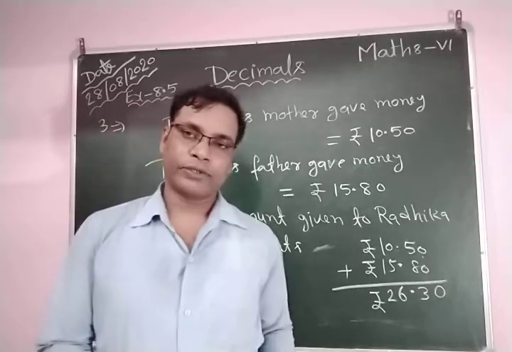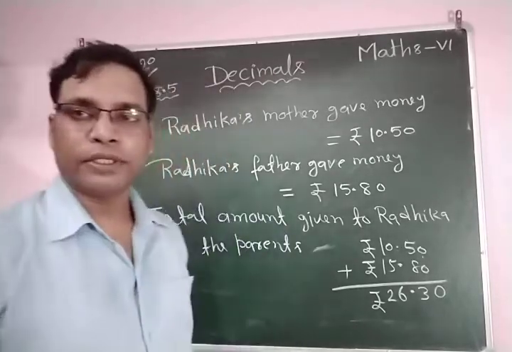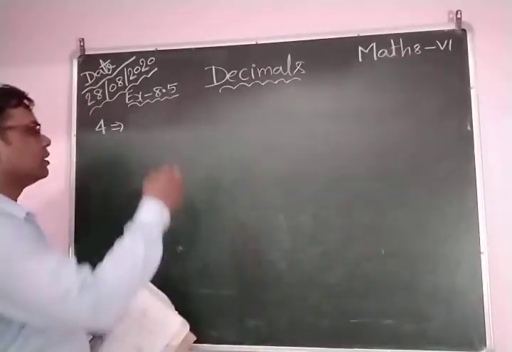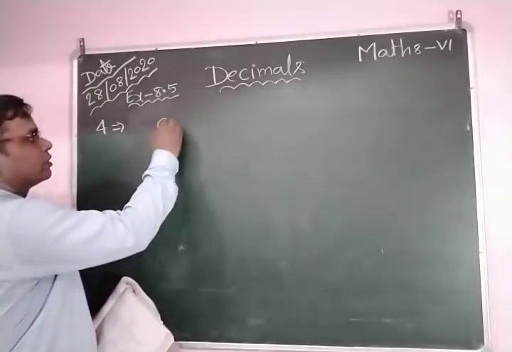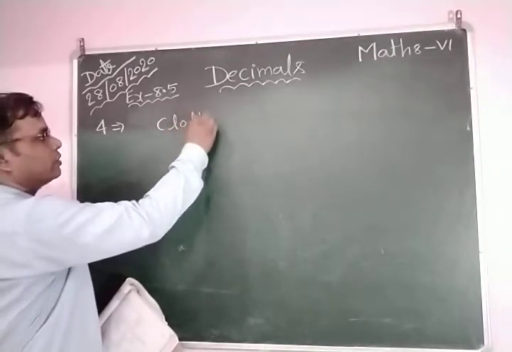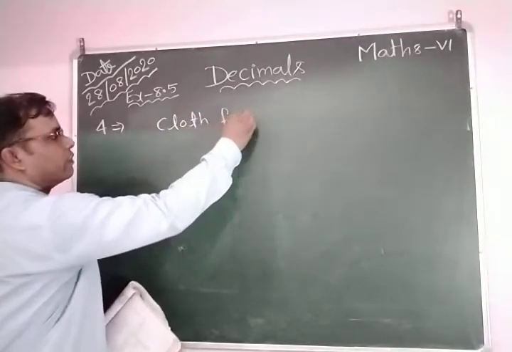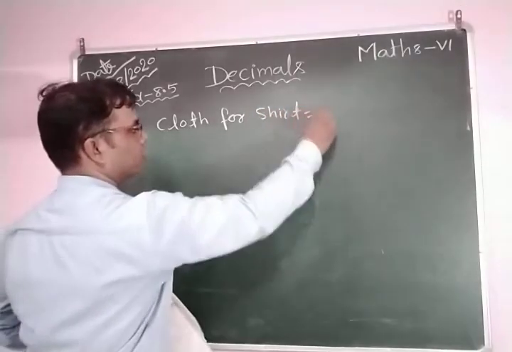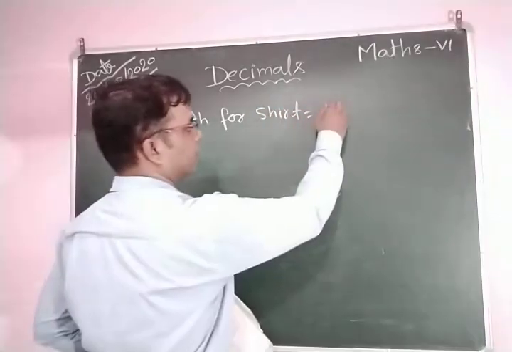So let's see how to solve this question. Here in this question, the cloth for the shirt is equal to 3 meter 20 centimeter.